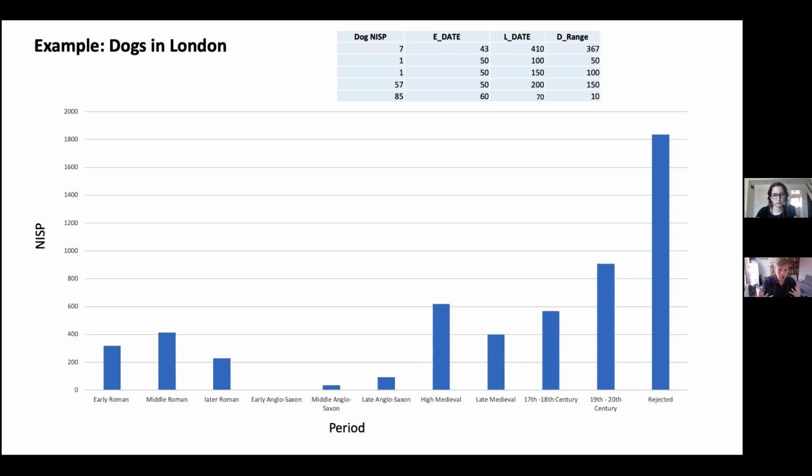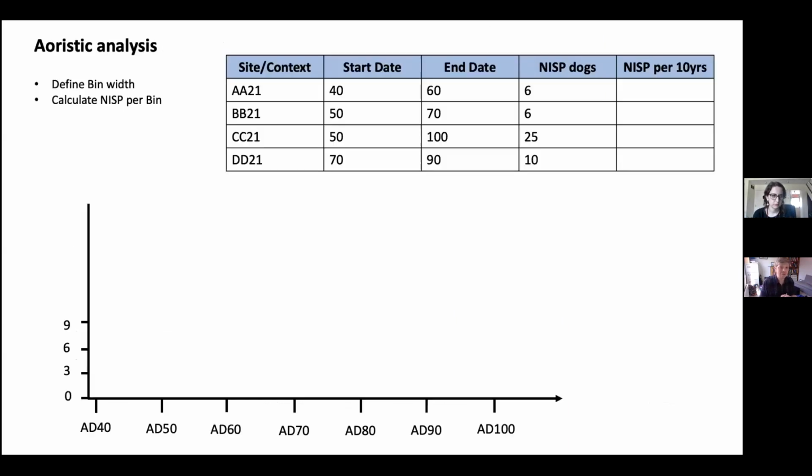One of the ways we got around this with looking at fish in London, and I should praise David Orton, because he's the one that came up with this strategy, is to use heuristic analysis. It was a useful strategy for looking at fish of London, and it's useful for looking at other data sets as well. How this works is you define your bin width.